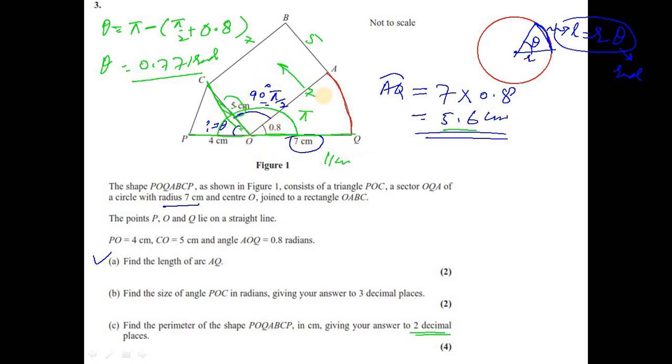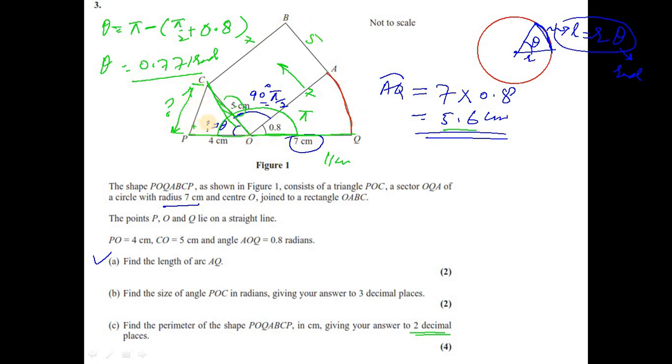The only thing in this diagram is you need to figure out the length of PC, because we don't have any given value for this length. So if we could find the length of PC, then adding all these lengths we can find the perimeter.